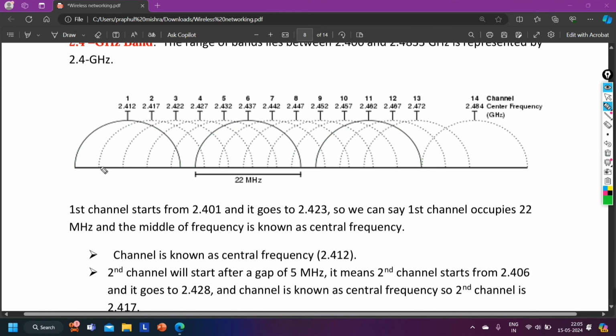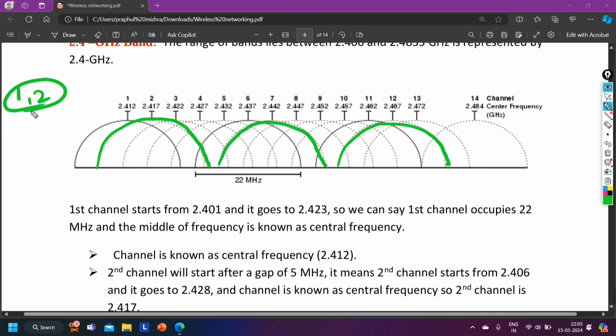Or you can say channel number 1, then channel number 6, then channel number 11. Likewise we can use them, but we cannot use channel 1 and channel 2, right? These two channels will overlap with each other, right?